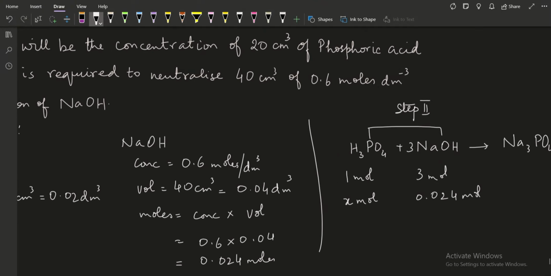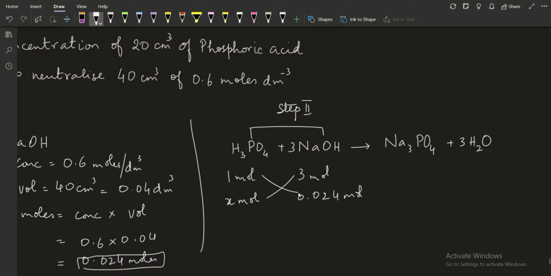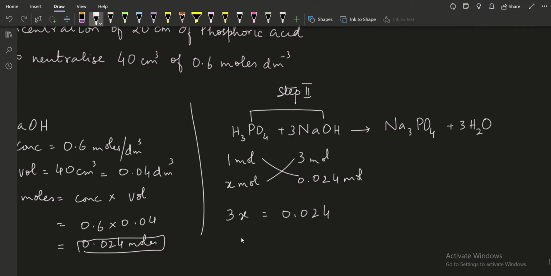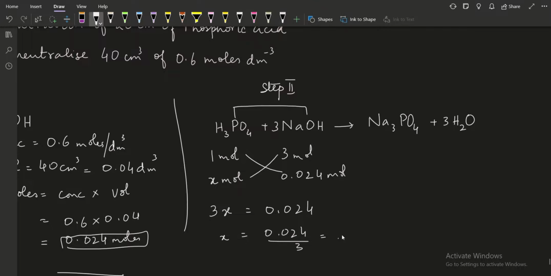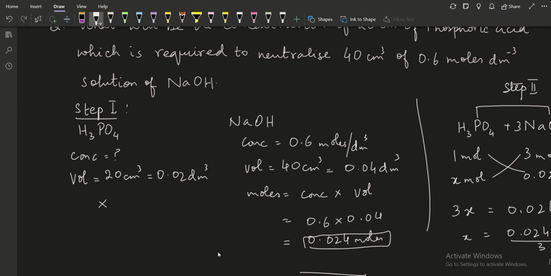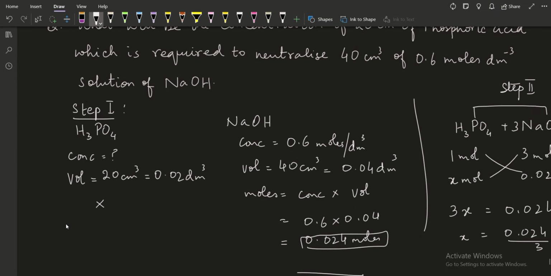These are the moles that we just calculated. Now just find the value of x. 3x will be equal to 0.024. The value of x will be 0.024 divided by 3, and it will be 0.008 moles.